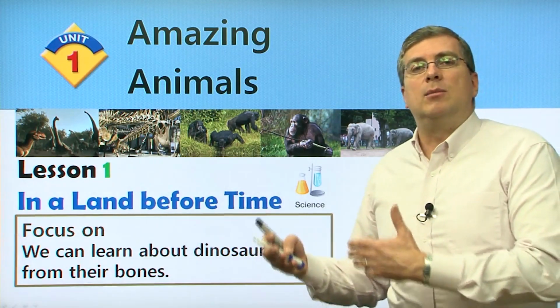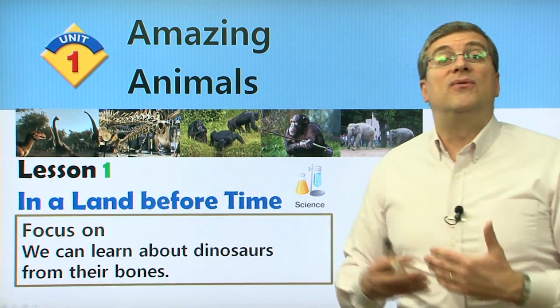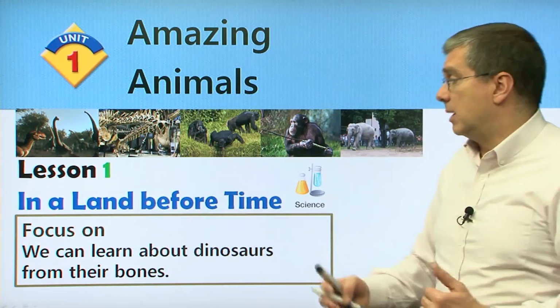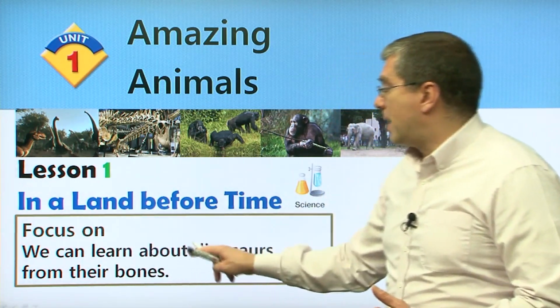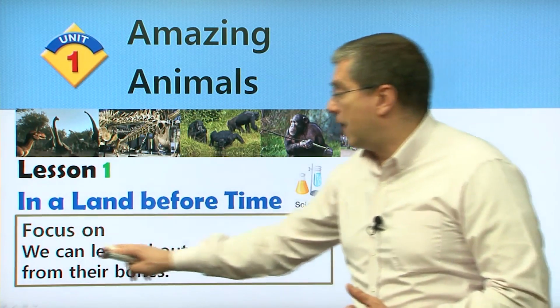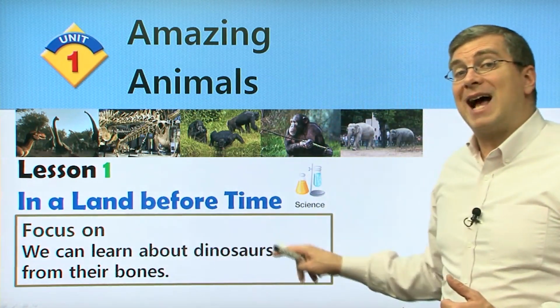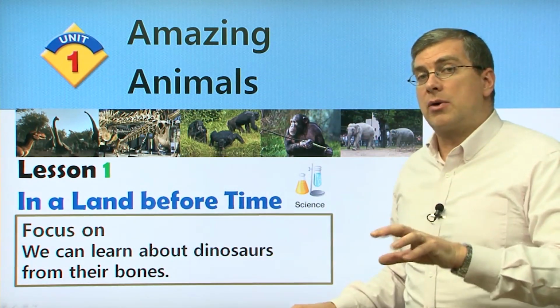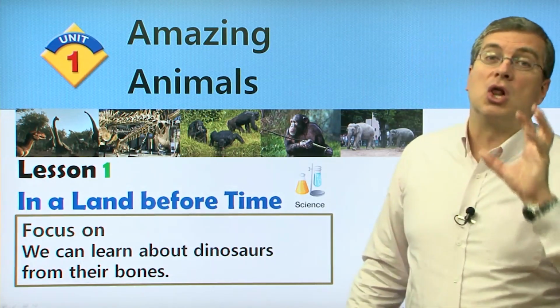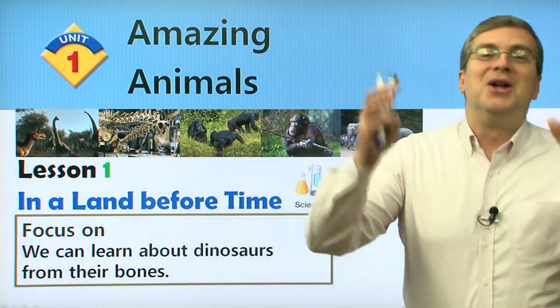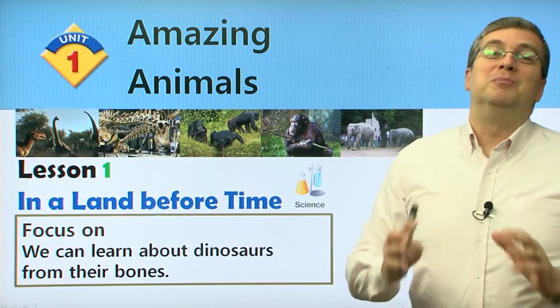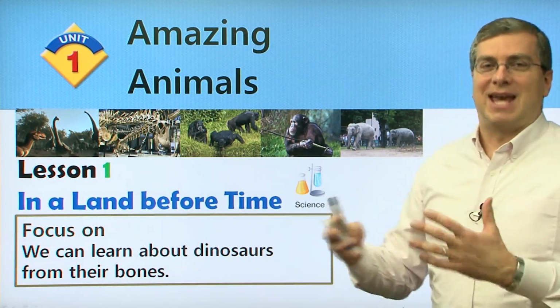What kind of animals lived on the earth before human beings? So in this lesson, we can learn about dinosaurs from their bones, because dinosaurs lived on the earth a long time before human beings came about.